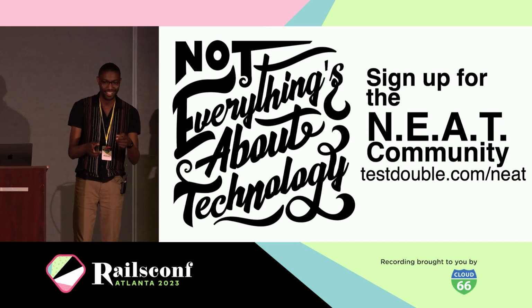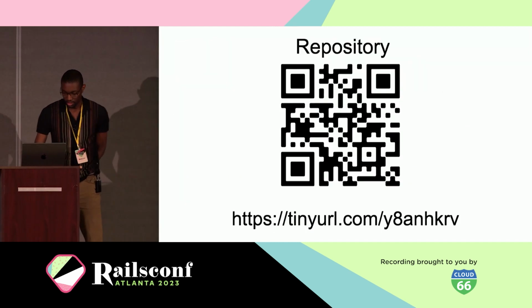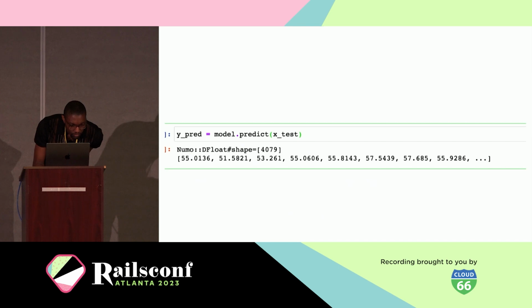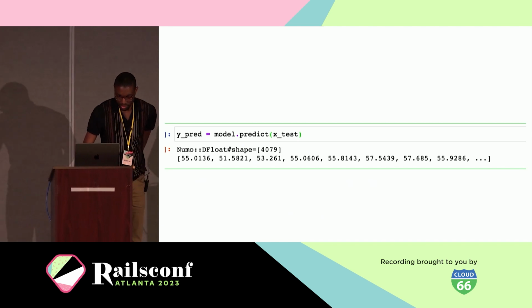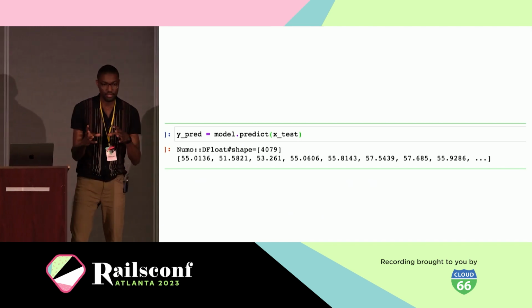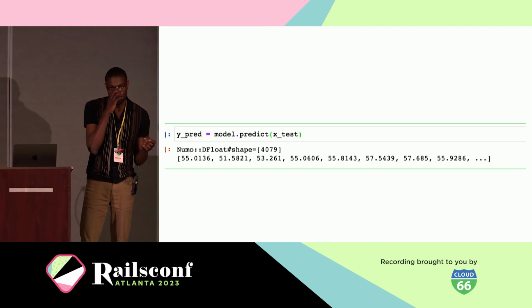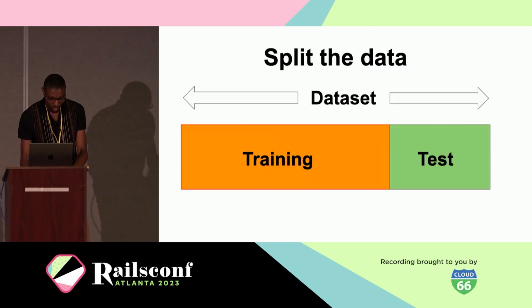When we were doing the prediction, was the X value the day of the year and the Y value the temperature? Okay, yeah. So the X value is all the values that we set aside.